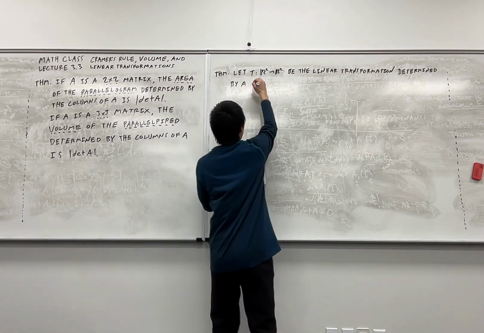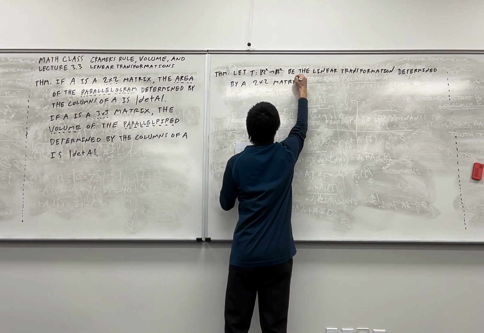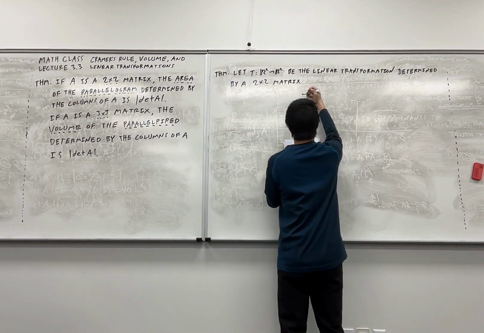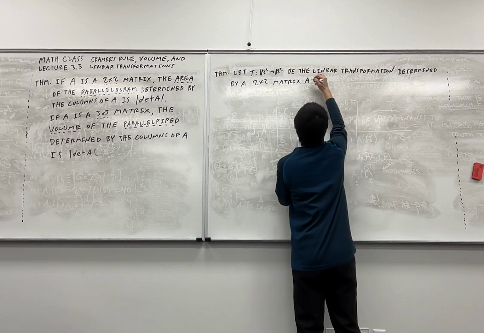It's a 2 by 2, so a 2 by 2 matrix. We can call it A.